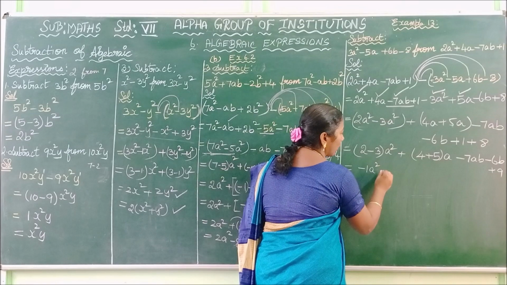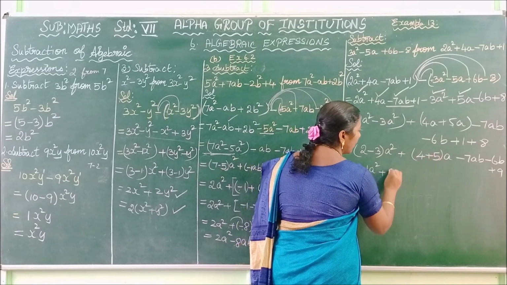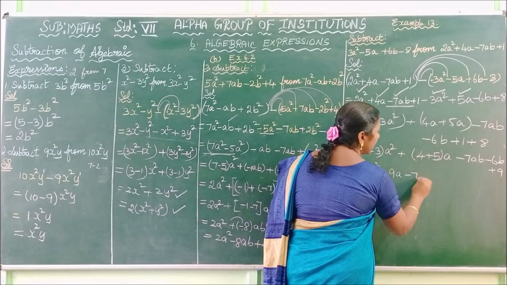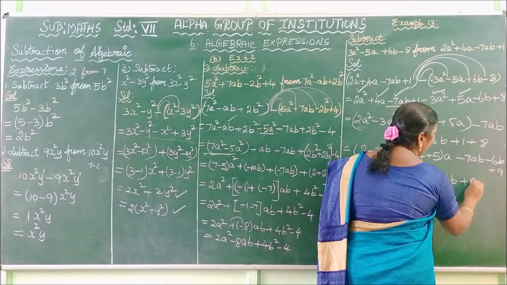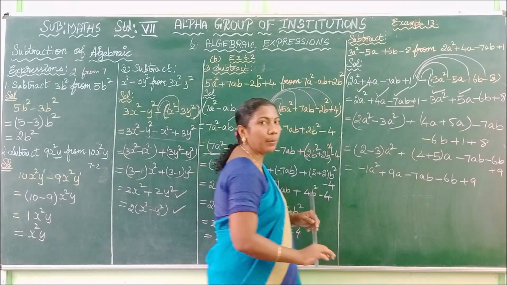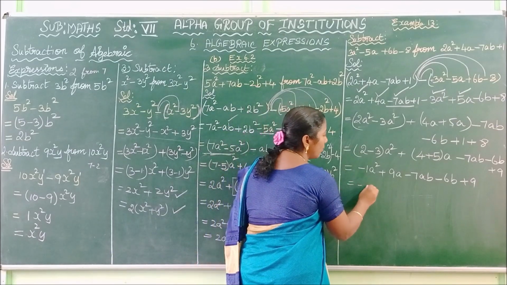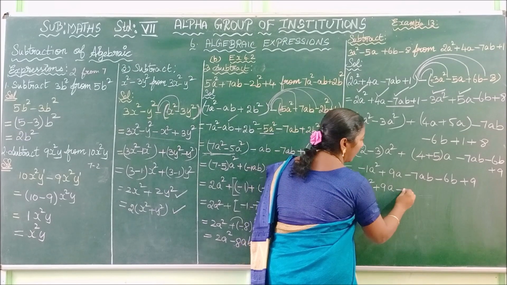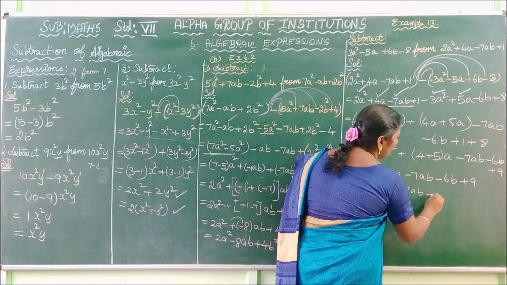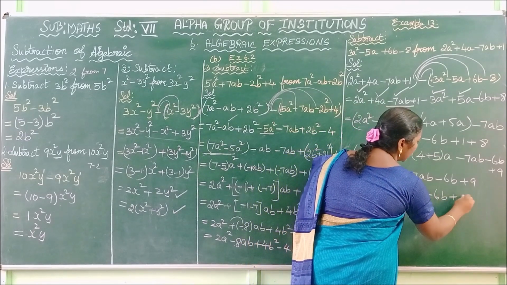Minus 1a square plus 4 plus 5, 9a, minus 7ab, minus 6b plus 9. Minus 1a square can be written as minus a square. So minus a square plus 9a minus 7ab minus 6b plus 9.